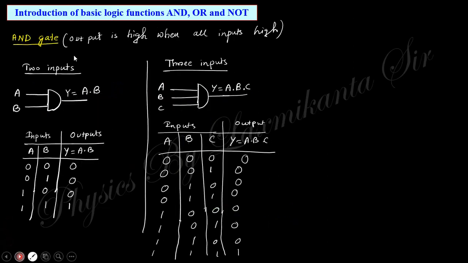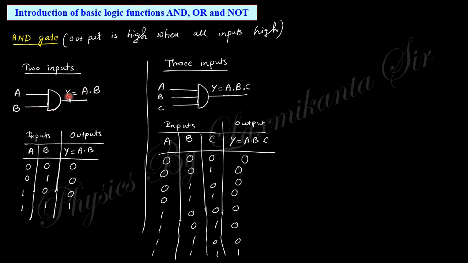Next thing is the introduction to the basic functions AND, OR and NOT. So the AND gate. An AND gate is nothing but the gate in which the output is high when all inputs are high. High means 1. This is the circuit symbol of the AND gate. Its inputs can be 2 or more than 2. There can be 3, 4, 5 inputs, no problem.